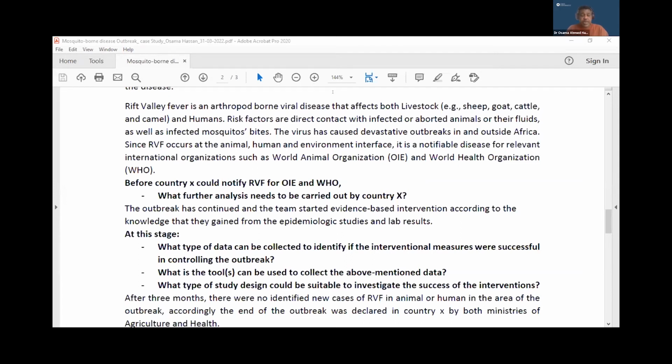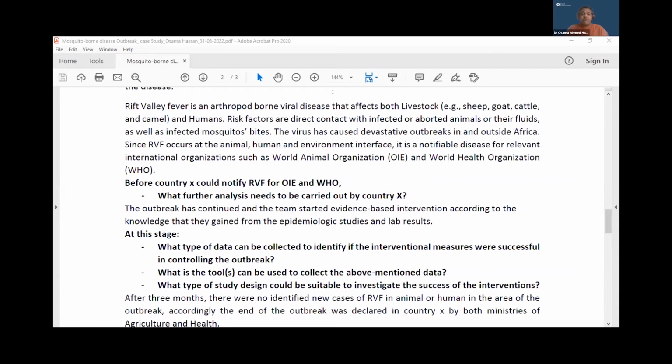So we cannot go and announce without sending samples to the human reference lab of WHO and the animal reference lab of OIE, and they have to confirm that, yes, this is Rift Valley fever, confirming the results that we have had on the ground in country X.